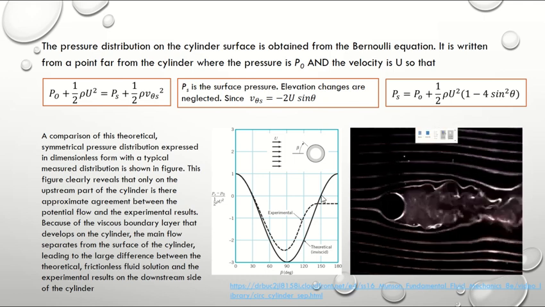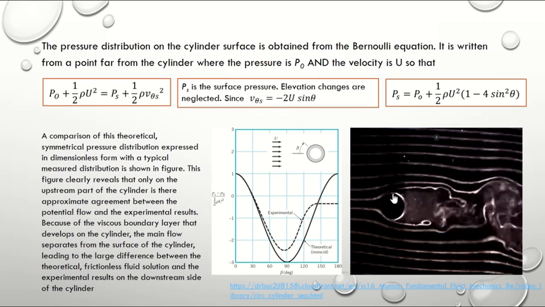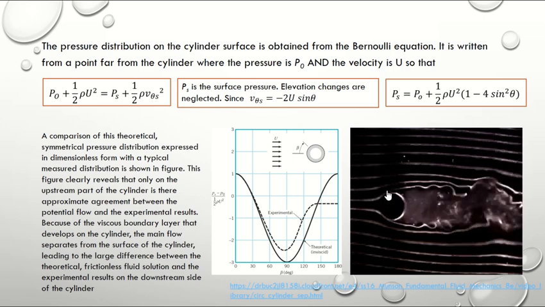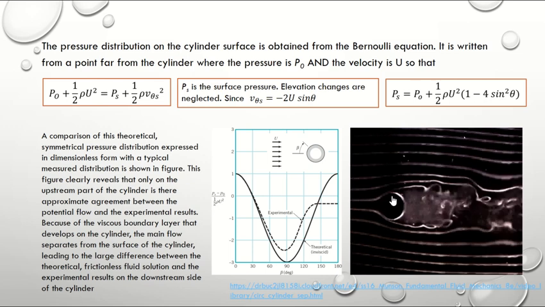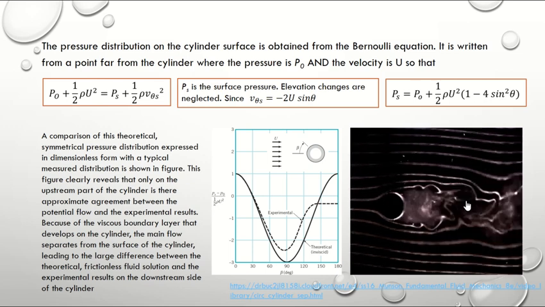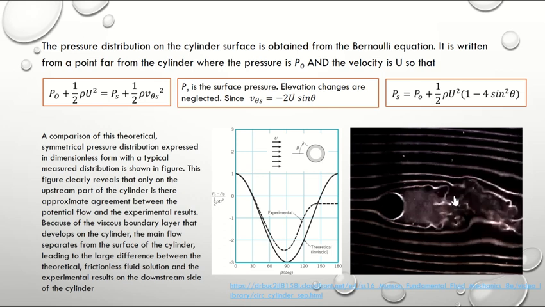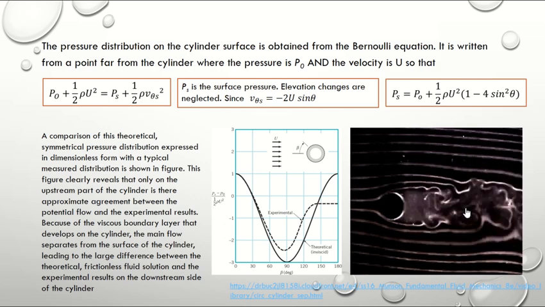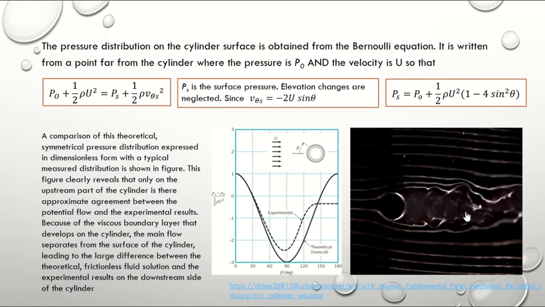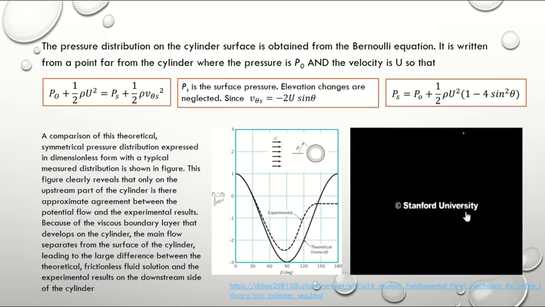As you can see, the flow separation begins from this point, maybe around 30 degrees of the circular cylinder, and then the flow starts to separate, and there is a large wake region behind the circular cylinder. That's why the velocity potential theory cannot be used if the fluid is considered a viscous fluid.